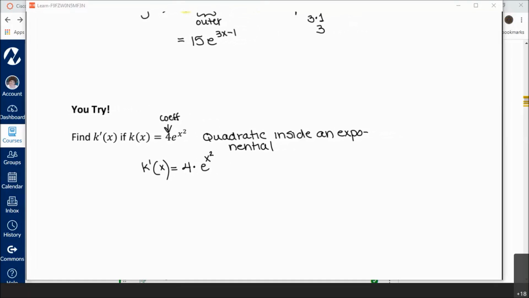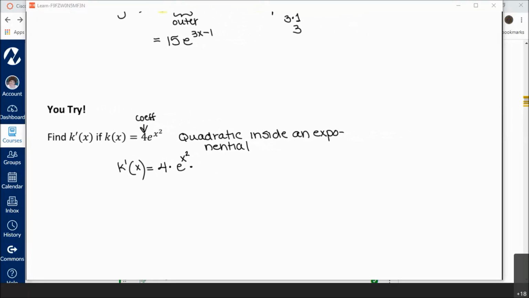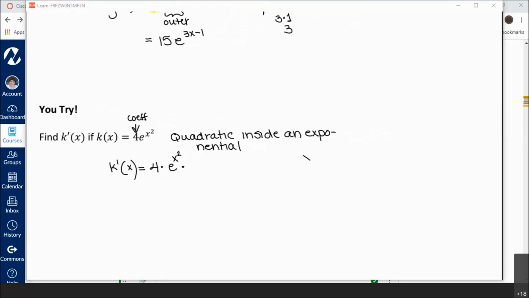Okay? No ln involved. But because I need to use the chain rule, because that quadratic is stuffed up there in that exponent, I need to differentiate x squared. All right, and that's going to be bring down the 2, drop the exponent by 1.